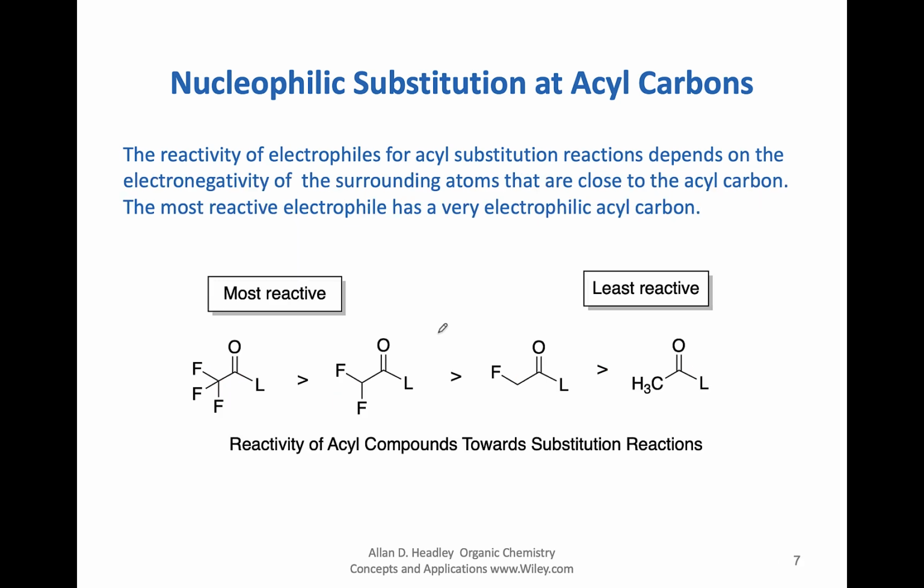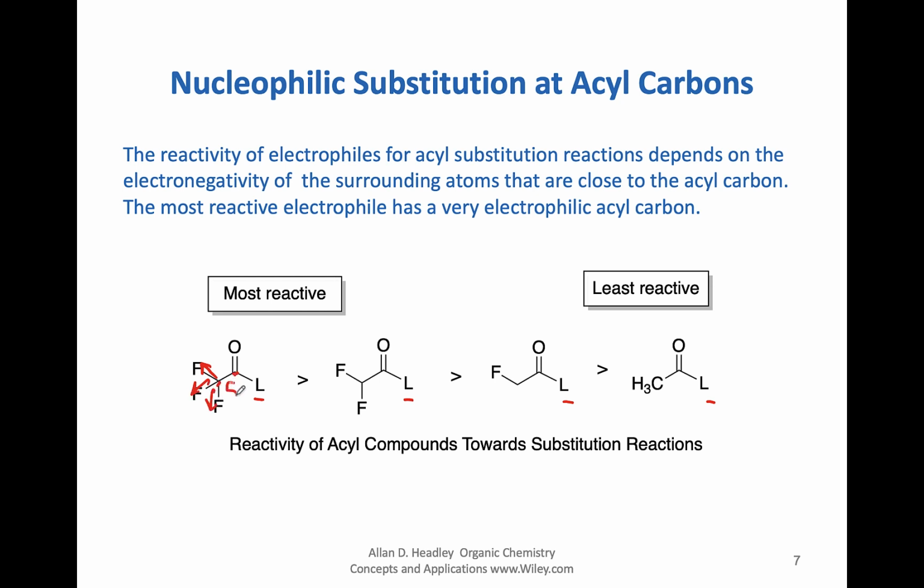Let's look at another aspect here, electronegativity. So here we're using the same leaving group, but bonded to this carbon is a carbon that has 3 fluorine atoms. Of course, as you know, fluorine is the most electronegative atom, so it's pulling electrons away to the fluorine.